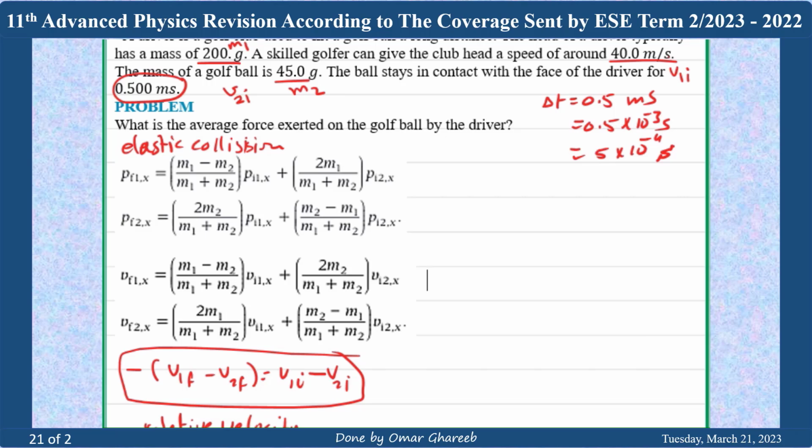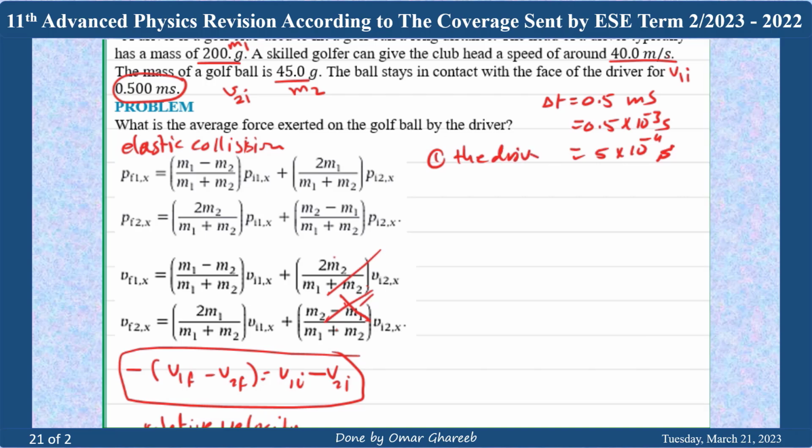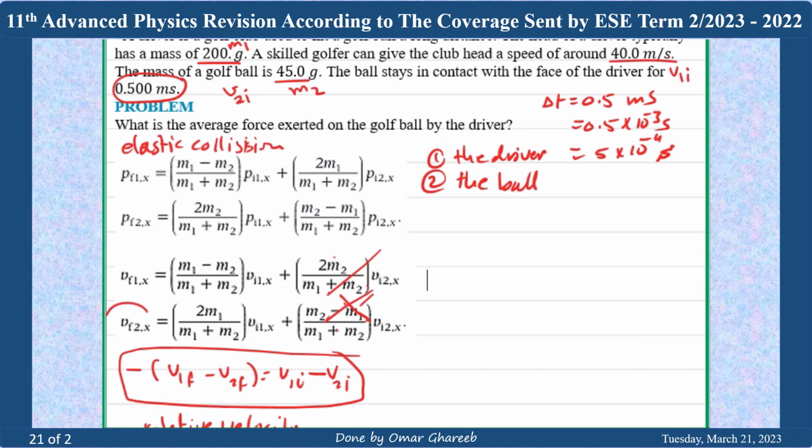If you need to find V final 2 for the ball, where 2 is the ball and 1 is the driver, it is important to decide which is 1 and which is 2.